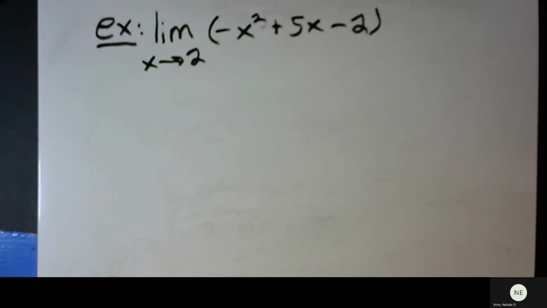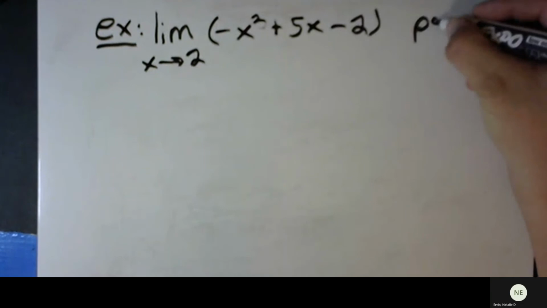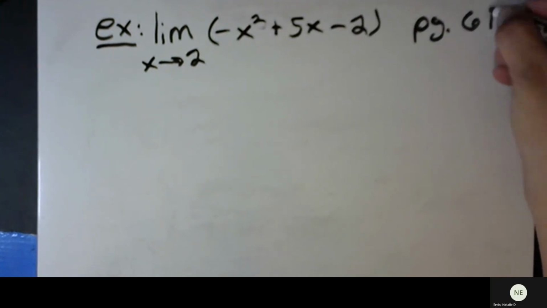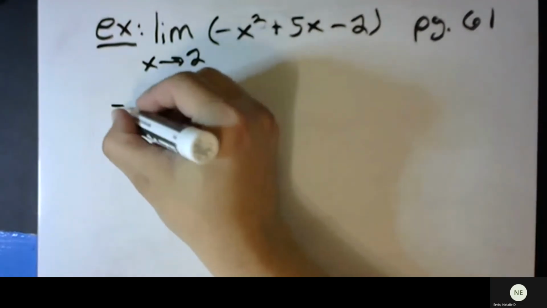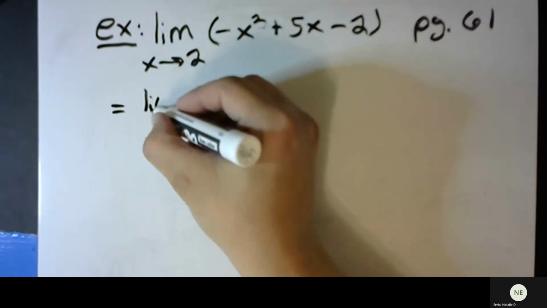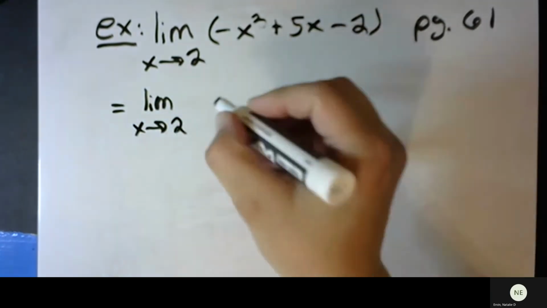Well, using our limit laws, and a good summary of those laws, let's see, page 61. But what this is going to say to start is that we can distribute, so to speak, our limit.